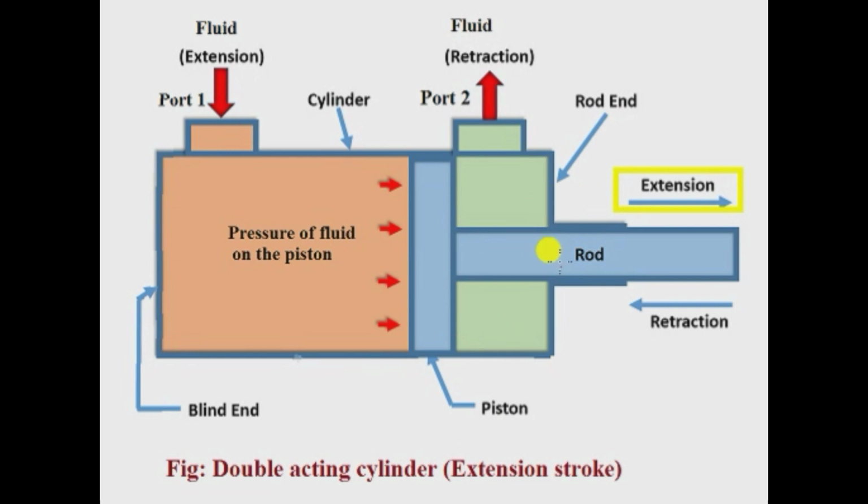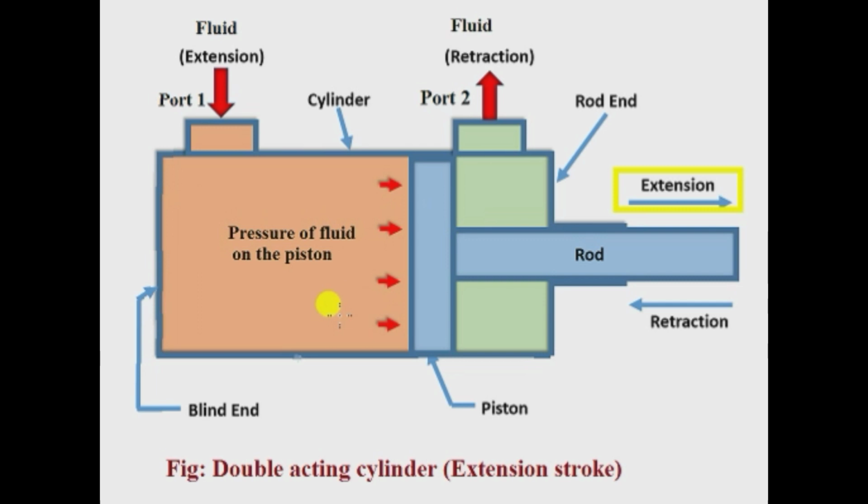So during retraction or reverse movement, the fresh working fluid starts entering at this rod end through port 2. Due to this, the pressure of the fluid forces the piston to move towards the blind end, that is the left side of the cylinder, from right side to left side.